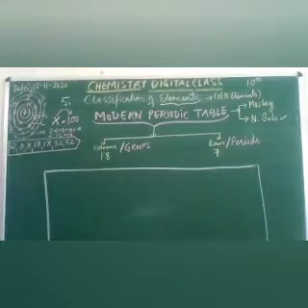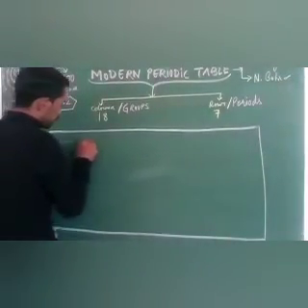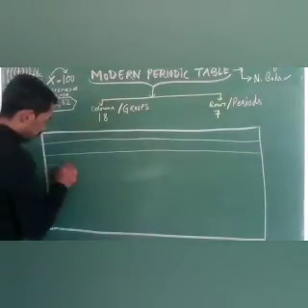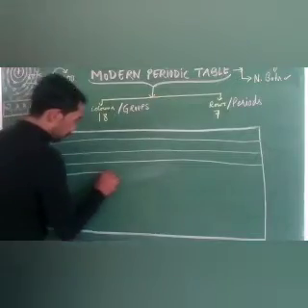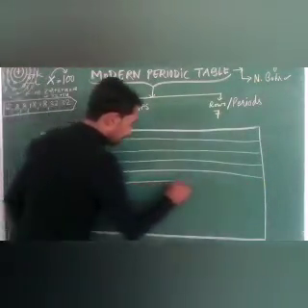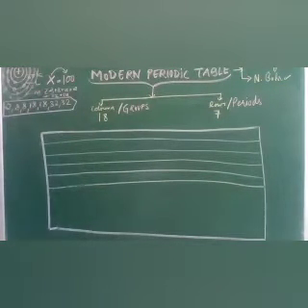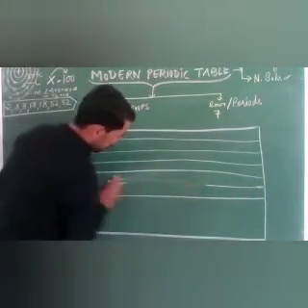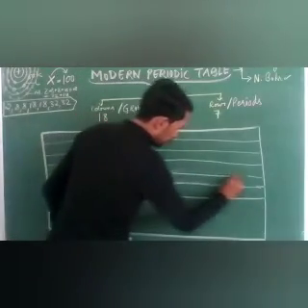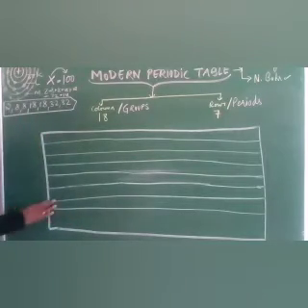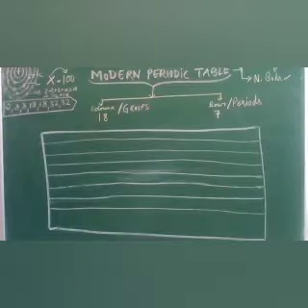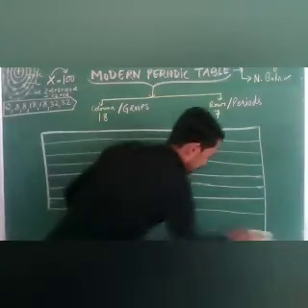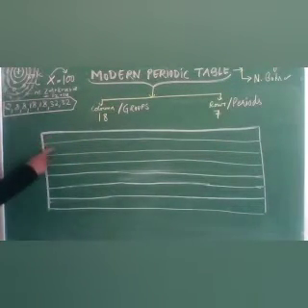So how many rows are there in the periodic table? 7. Let's make them: 1, 2, 3, 4, 5, 6, 7.